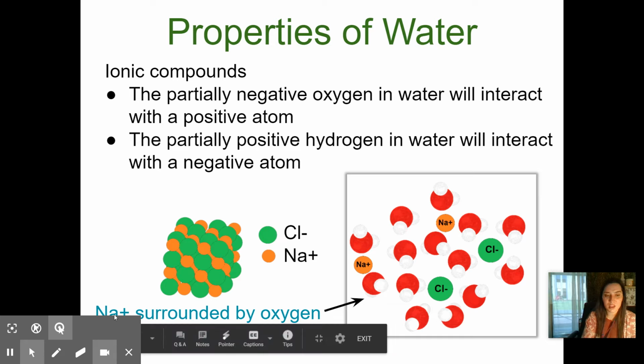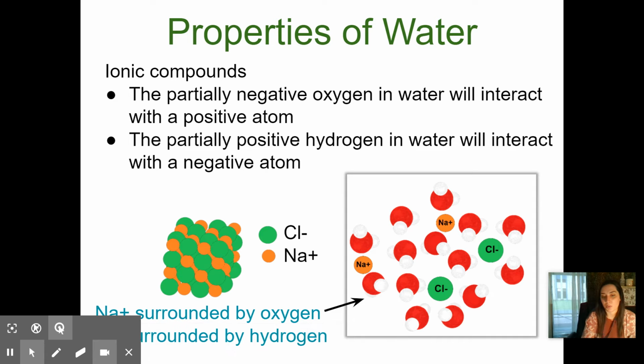Sodium is surrounded by oxygen, and then the chloride will be surrounded by the hydrogens, and that is what breaks up the salt. So this dissolves the ions, essentially.